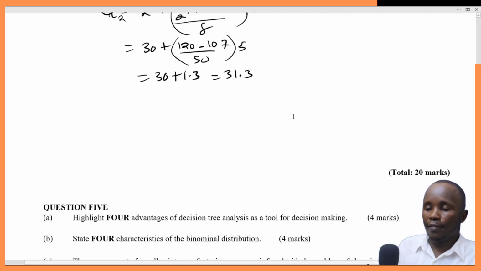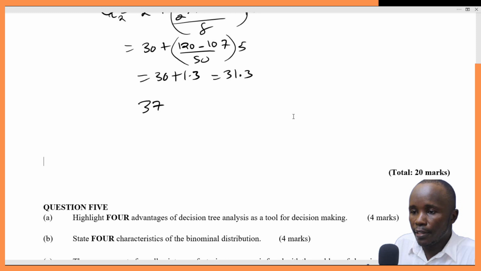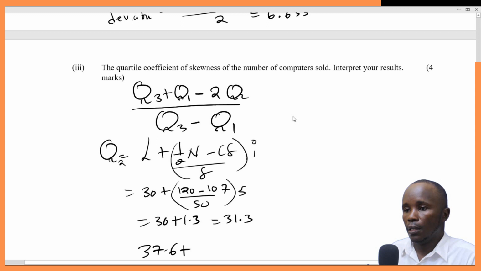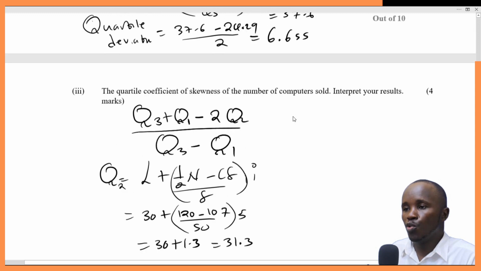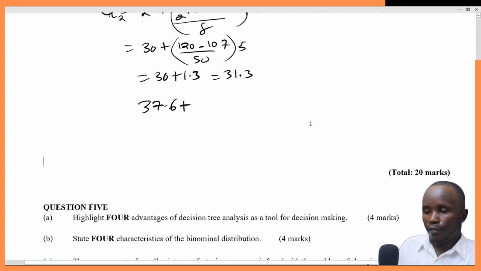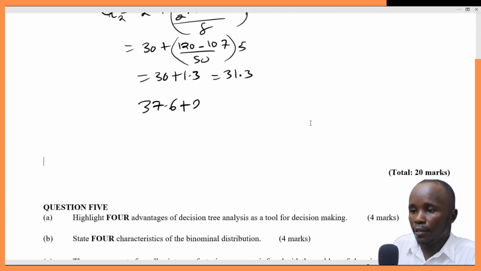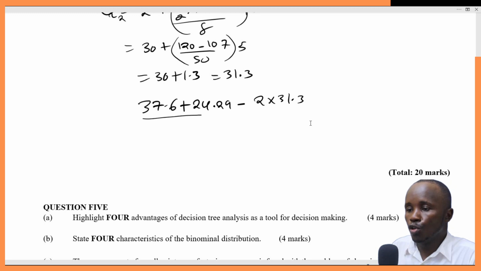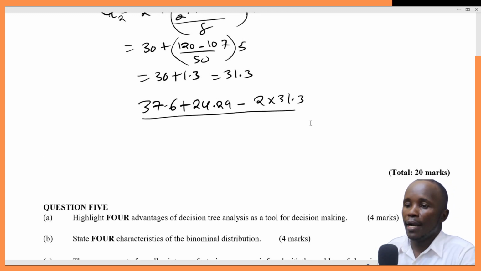So we have 37.6 plus Q1, which was 24.29, minus 2 times Q2, divided by Q3 minus Q1.